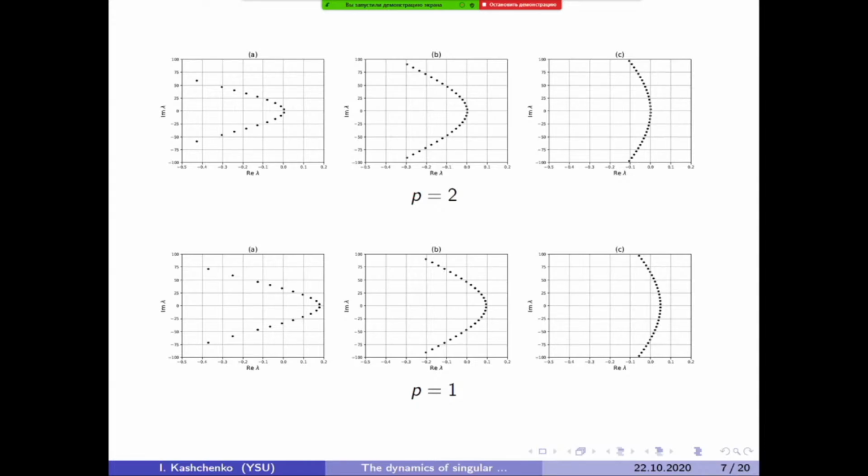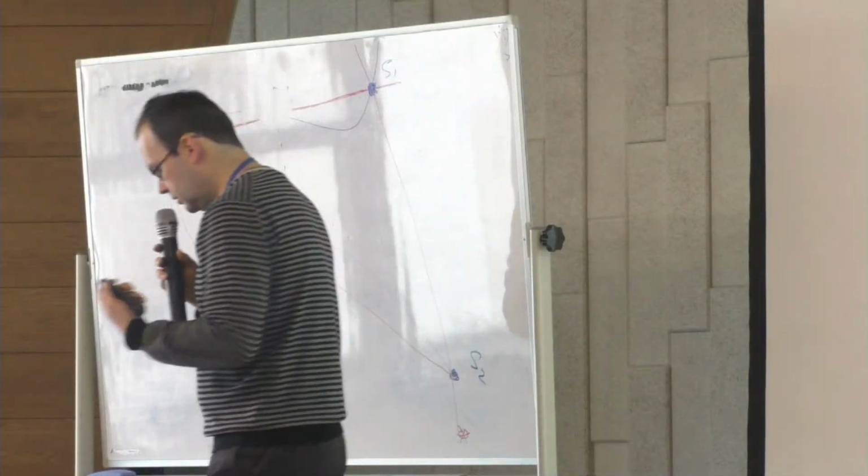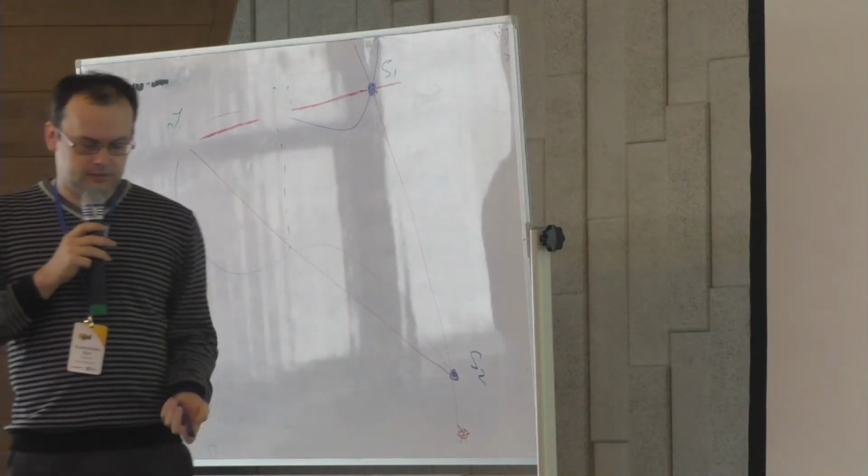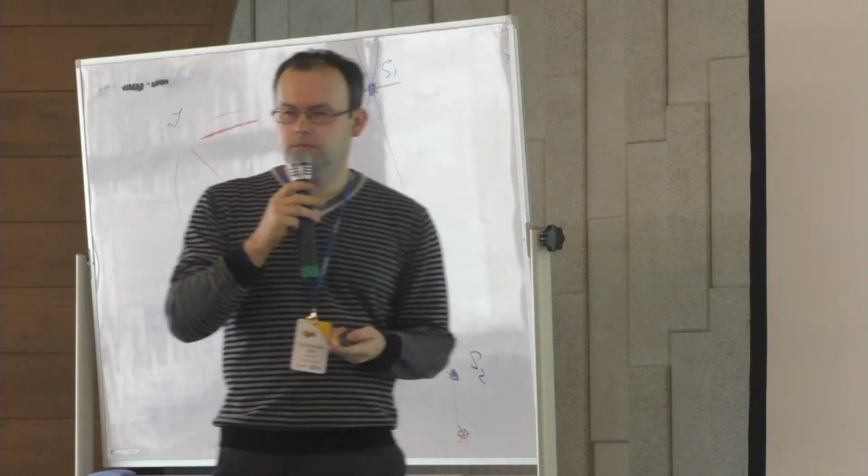Small, I mean not large, not asymptotically large. And here, p equal to 1, for example, in the same way, we can see that roots tend to the imaginary axis, but at the same time the roots that cross this axis do not have small numbers, and in fact they go up and down, so this crossing is associated with large numbers n.